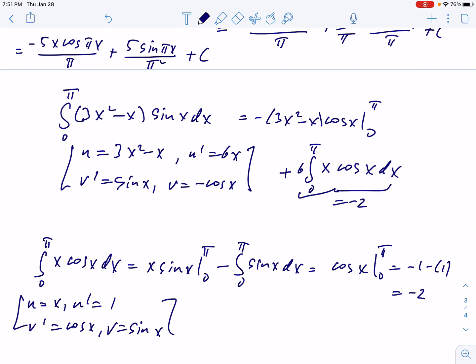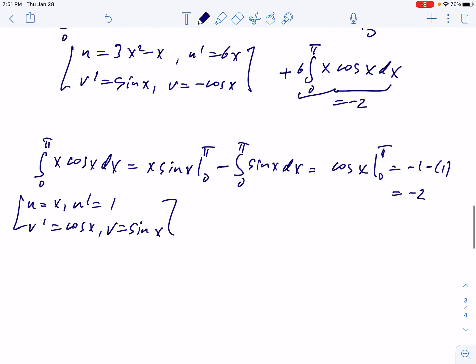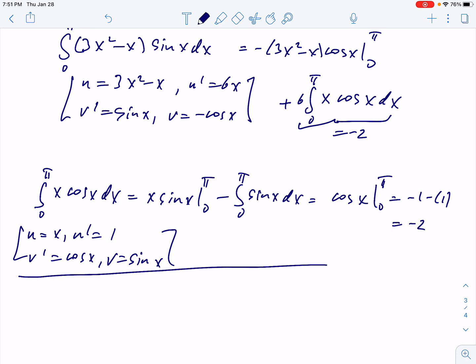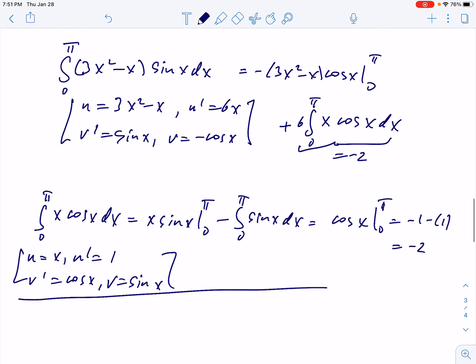What is the value of our original integral? Let's finish the problem here below. Our integral, let's call it I, equals, we have to evaluate this term here between 0 and pi. So we plug in pi, we have negative 3 pi squared minus pi, cosine pi is negative 1, minus, and because you have one other minus in front, let's make it plus.